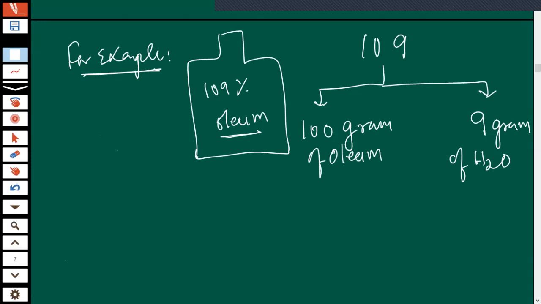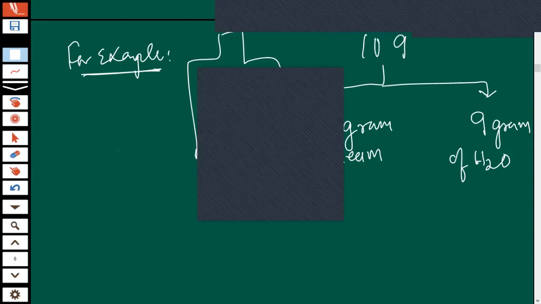This is a simple task. 109% means 9 gram water and 100 gram oleum. Am I clear? Is it clear to you? Please respond. Yes, sir.